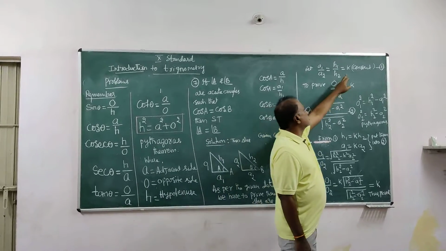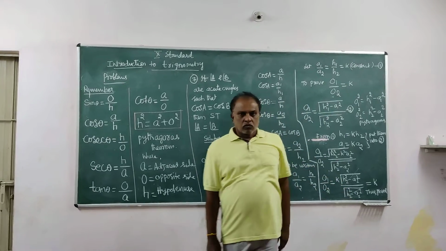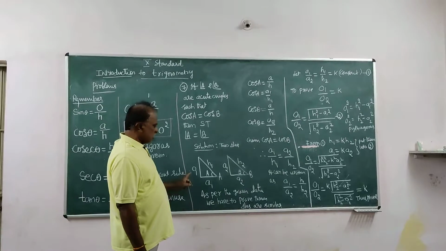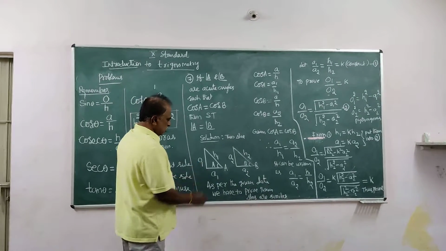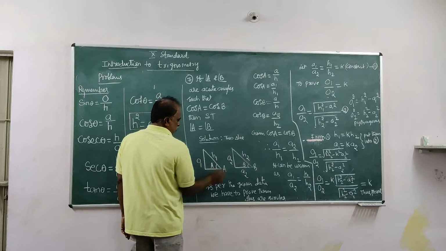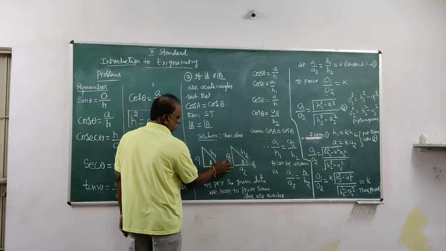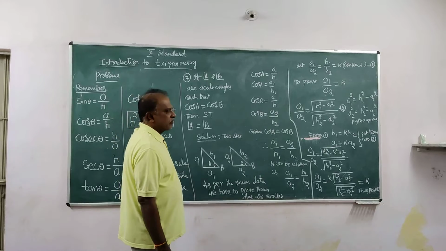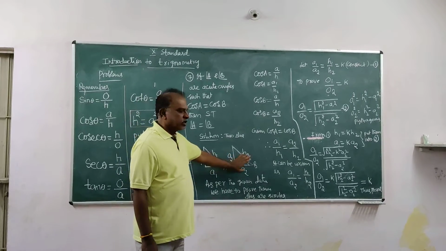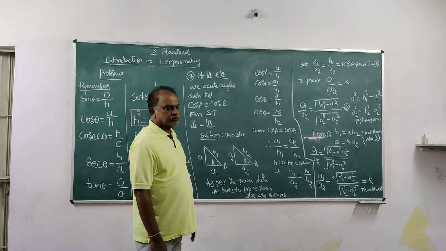That is, k is a constant. If that is the case, we can prove the ratios of these sides are equal, if the ratio of these two sides is the same or different. If you prove it, then these two triangles are similar triangles.